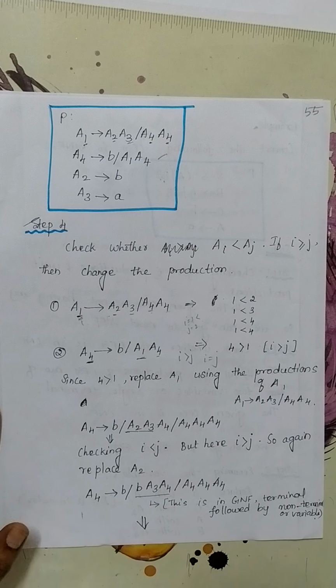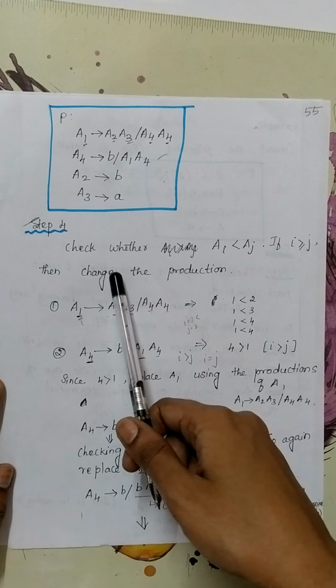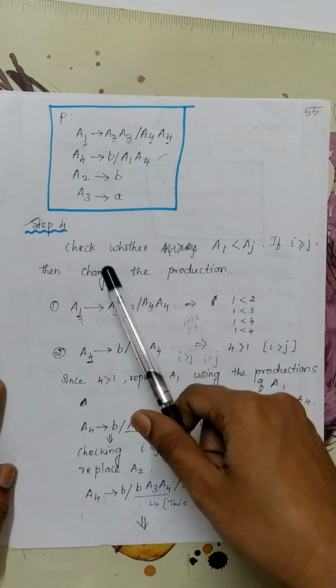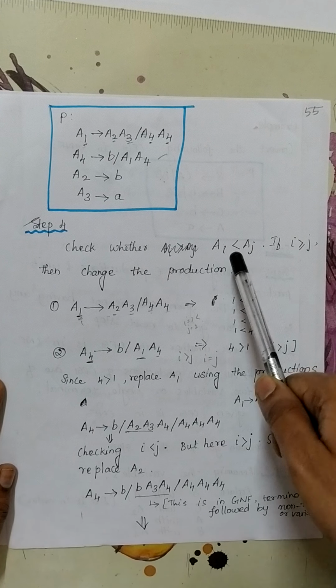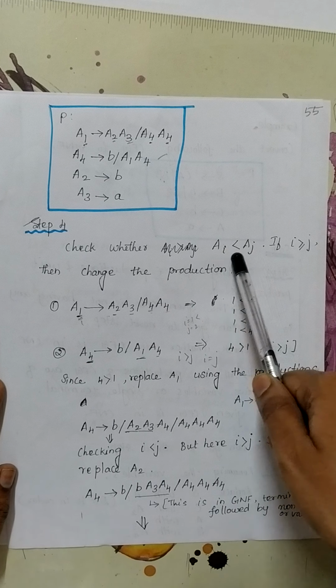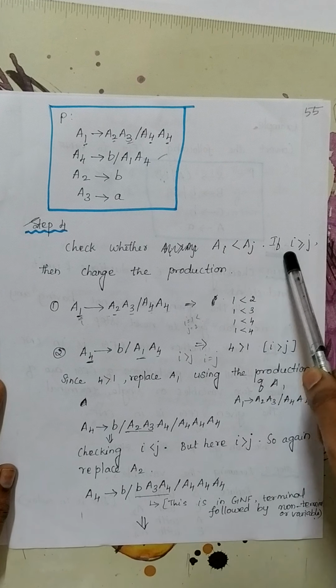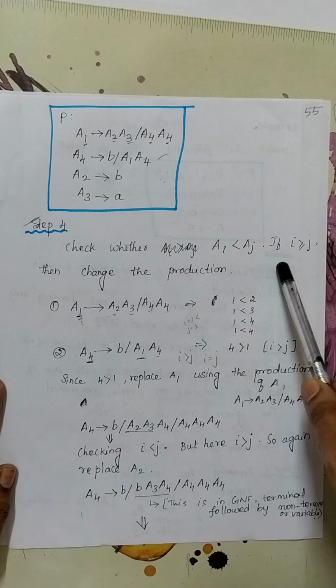Then we go to the next step. The fourth step is to check whether Ai is less than Aj. If i is less than j, we keep the productions as such. If i is greater than or equal to j, we are going to change the productions.